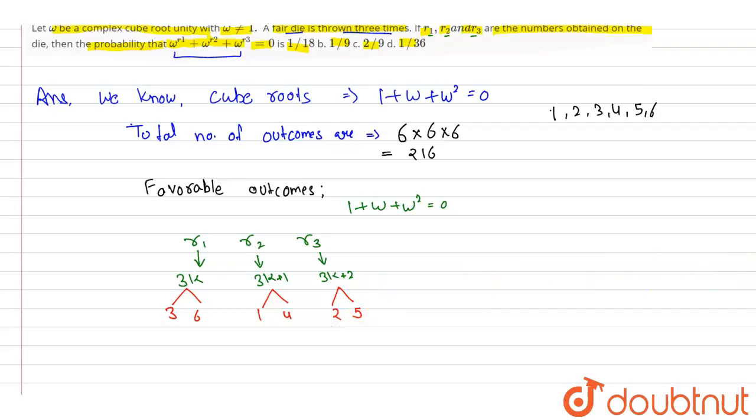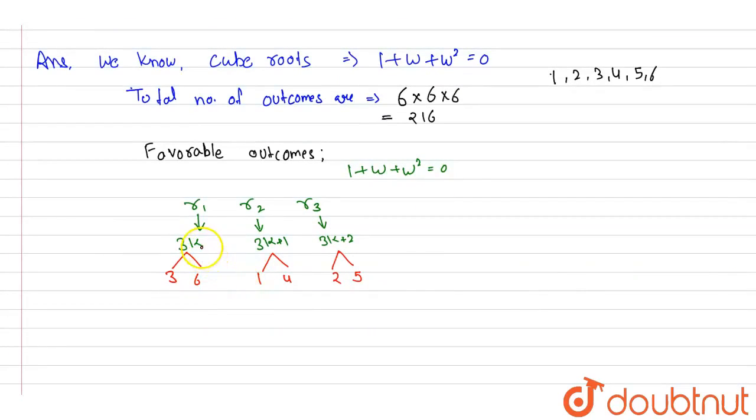As we can see, for k equal to 1 we get 3, and for k equal to 2 we get 6. For k equal to 1 we get 4, and for k equal to 0 we get 1.